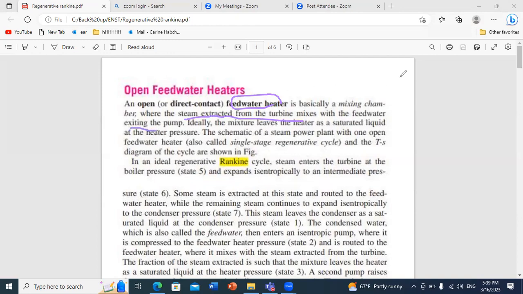So in general, at the exit of the turbine, you take the fluid completely to the condenser. What we will do now is take a part of the steam exiting from the turbine into a heat exchanger in order to mix with another stream that is coming from the exit of the pump. Why do we do this? Like cogeneration.